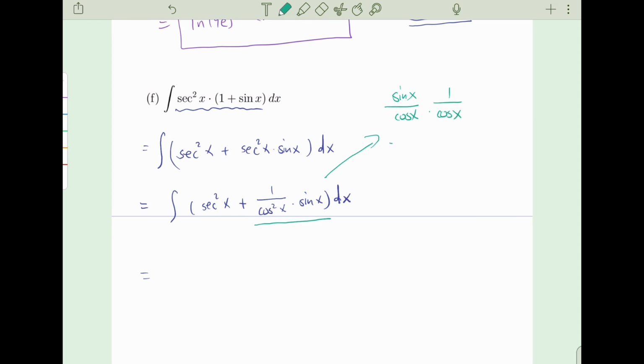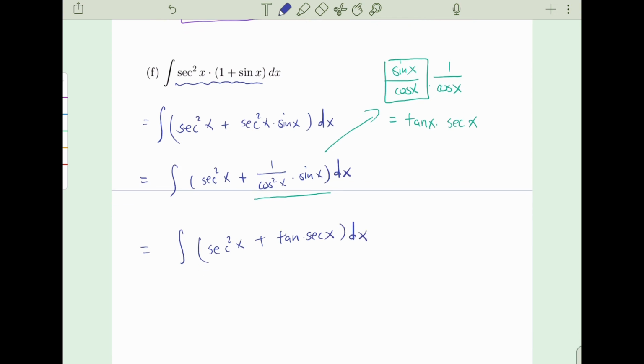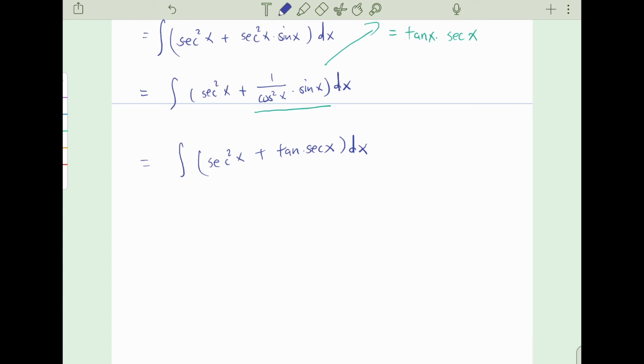I change sine divided by cos into tangent of x, and this 1 over cos x I write as sec x. Just play with this kind of formula. So now this becomes tangent of x times sec x dx.